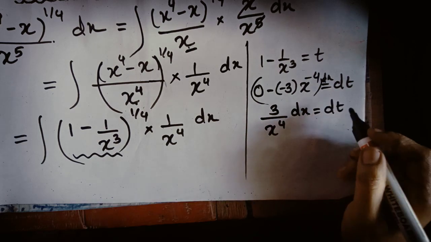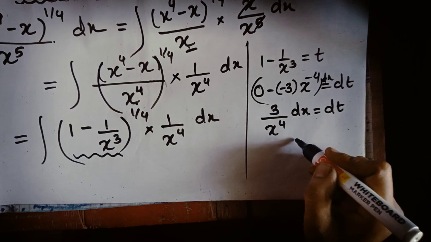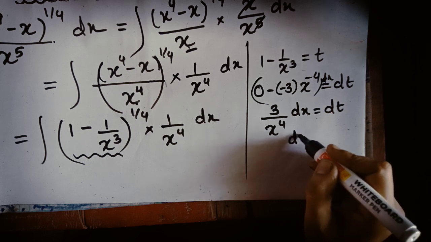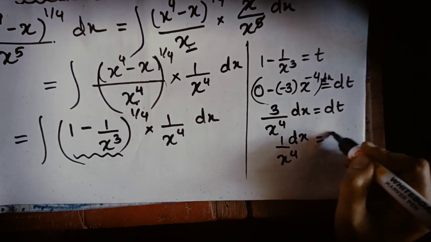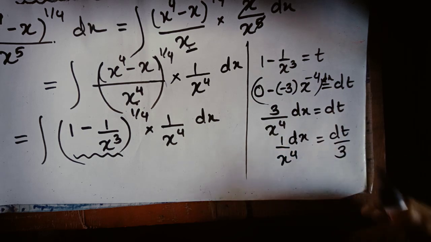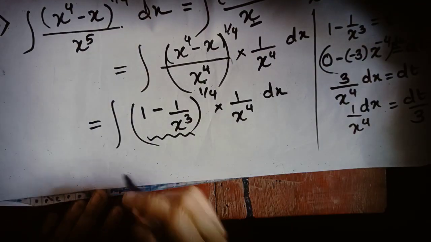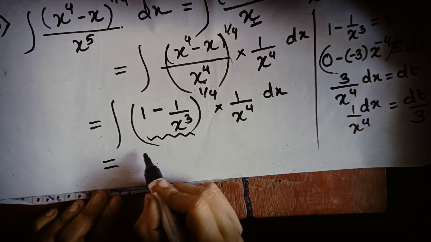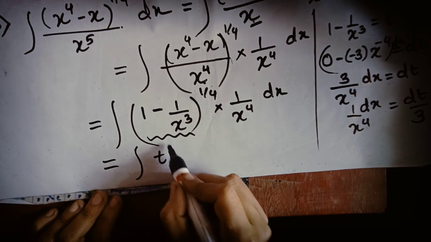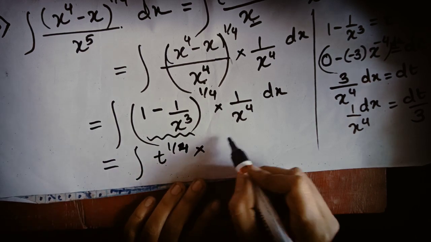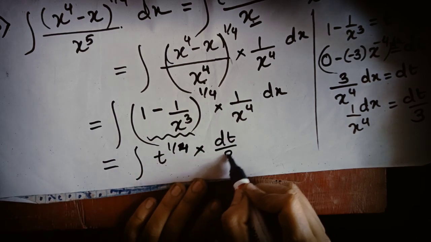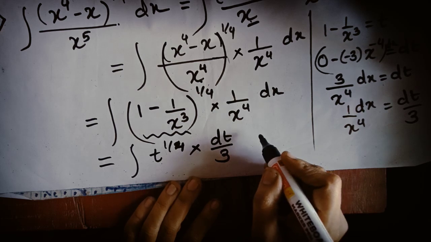So 1 upon x raised to 4 dx will be what? This will be dt by 3. So substitute. So this will be t raised to 1 by 4 into dt by 3. Okay.